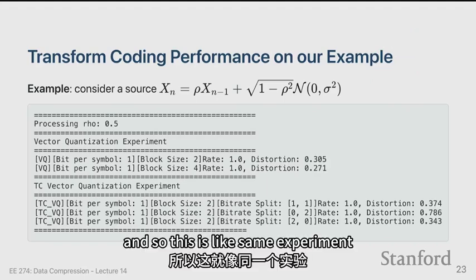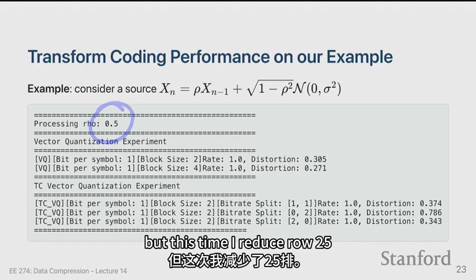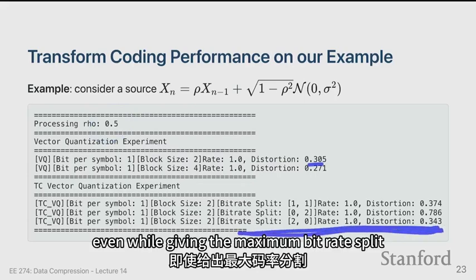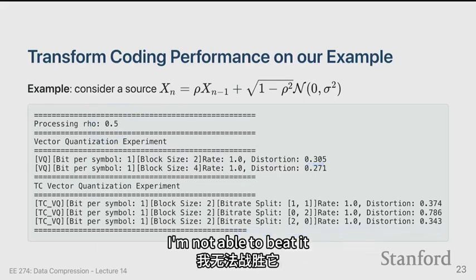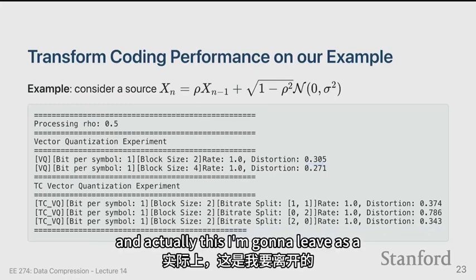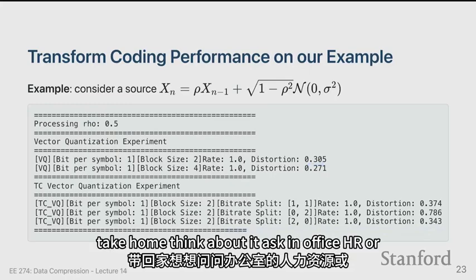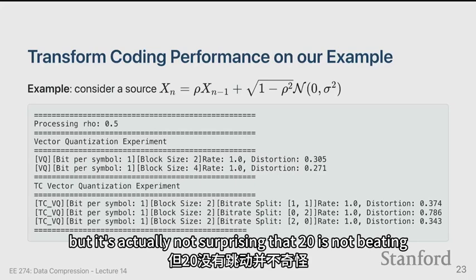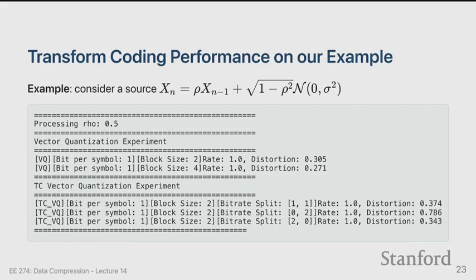And so this is the same experiment, but this time I reduce rho to 0.5. And actually in this case, even while giving the maximum bitrate split, I'm not able to beat it. And this I'm going to leave as a take home, think about it, ask in office hour or on Ed. But it's actually not surprising that 2, 0 is not beating.